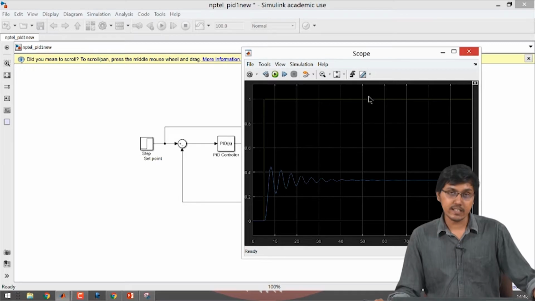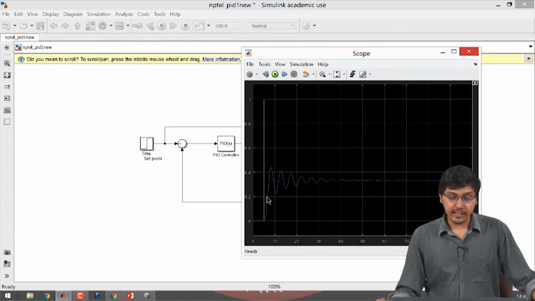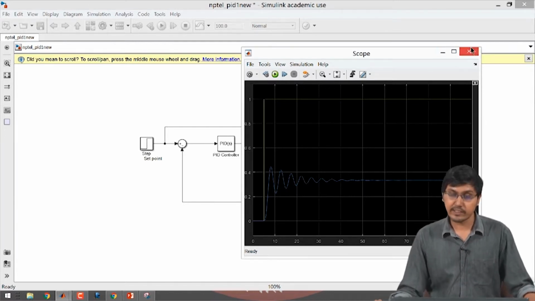One is that increasing the proportional gain has decreased the offset, and it has also induced something else. If you look at the previous one, we will compare both.